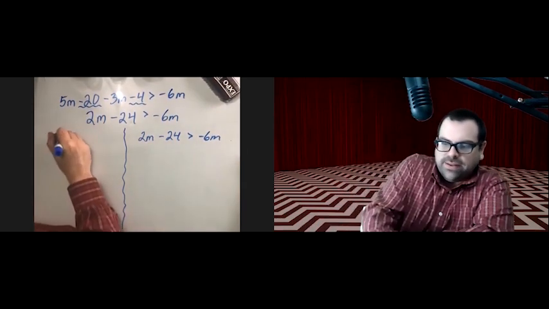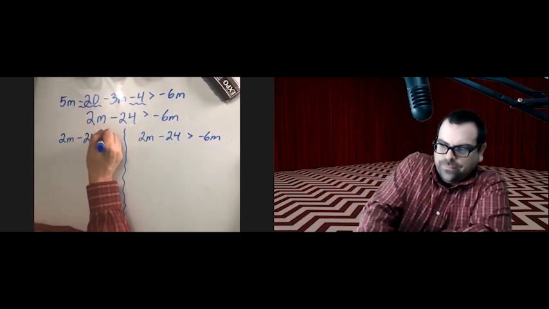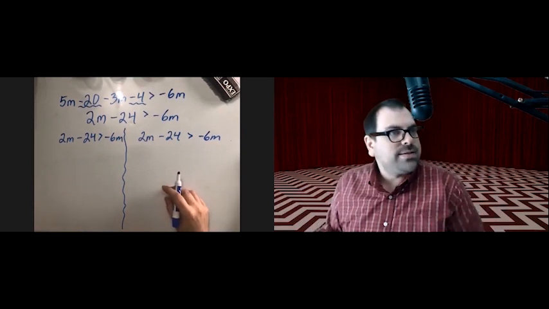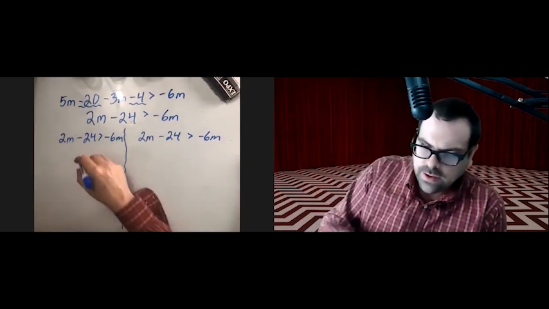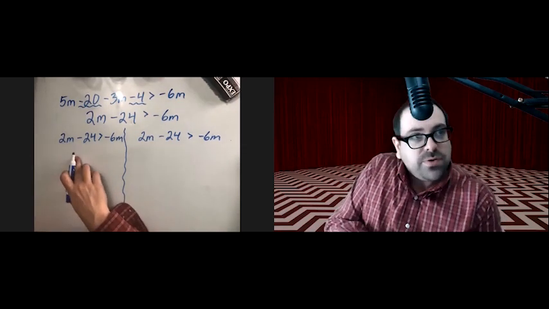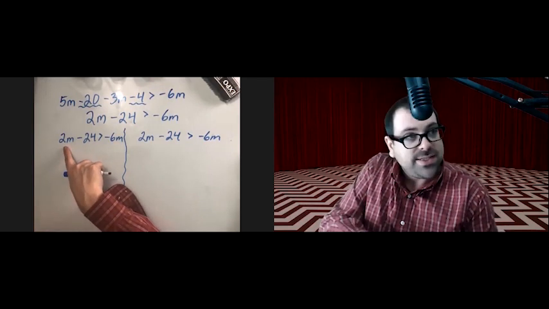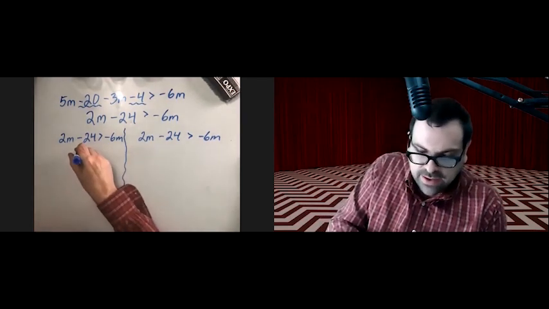So I'm rewriting this line two ways. First, I'm going to do it like we did the last problem. Since I can get this all done in one step by subtracting the m's to the right, I'll go ahead and do that.